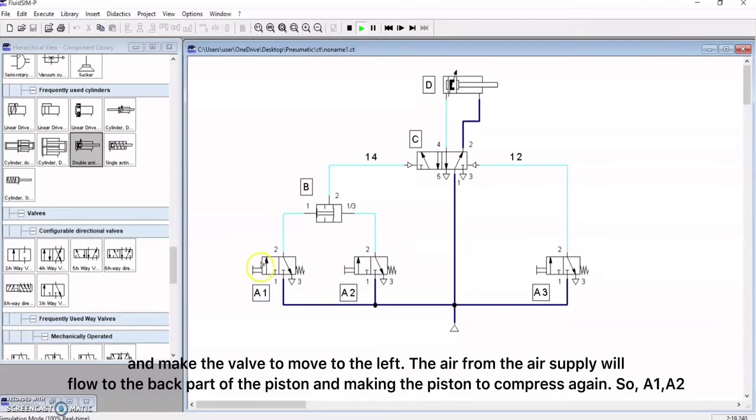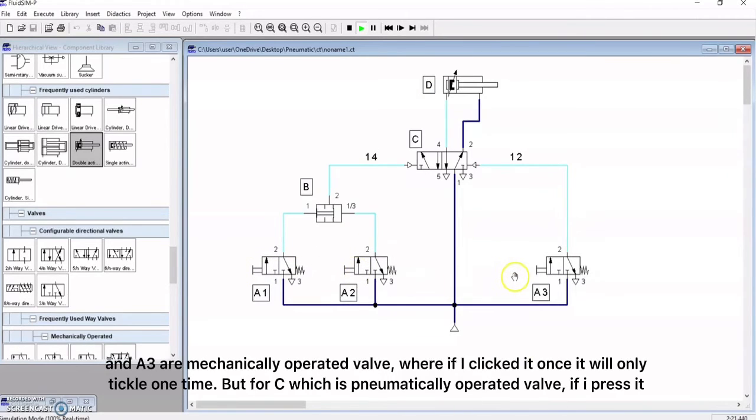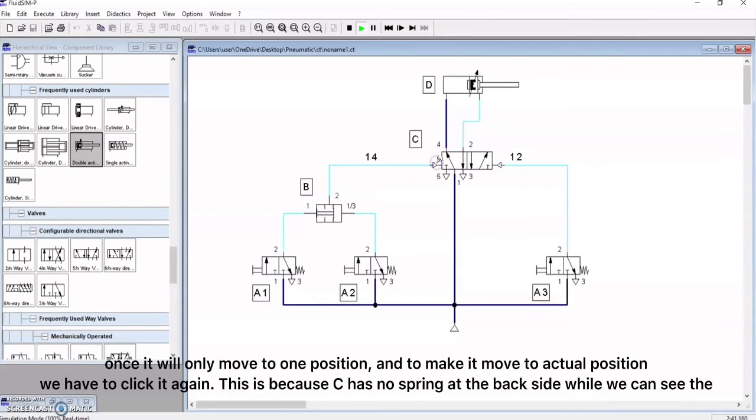So A1, A2 and A3 are mechanically operated valves, where if I click once, it will only trigger one time. But for C, which is a pneumatically operated valve, if I press it once, it will only move to one position, and to move it back to the original position, we have to click it again.